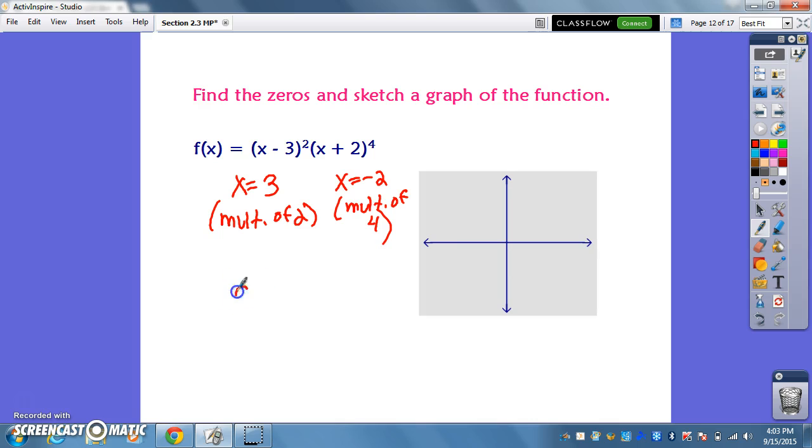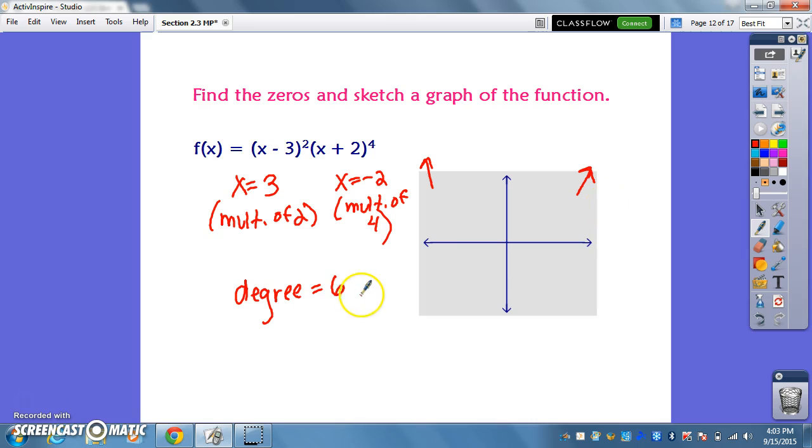The degree of this function, because we do have an x squared times an x to the 4th, is going to be 6. And because the coefficients for both of these x's are positive 1, we know that the leading coefficient is going to be positive. So as far as arrows, I know that they are both going to point up.